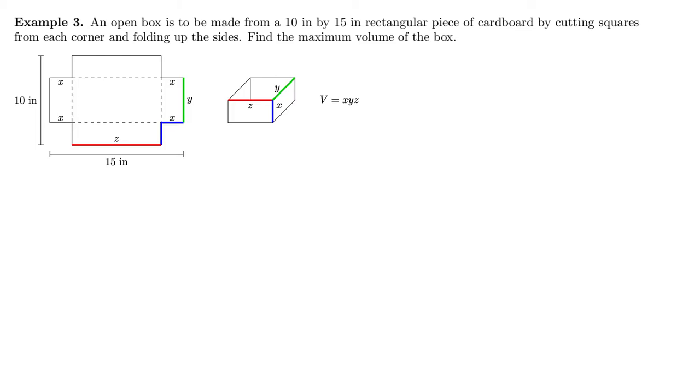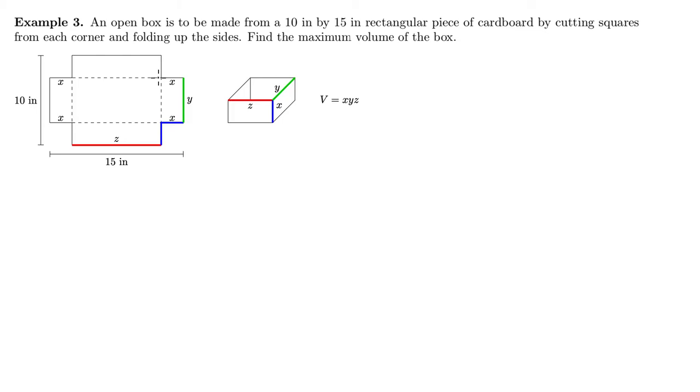And when I teach this to my students, I'll actually bring in a piece of cardboard into class and have them make the cuts. So cut these squares out of the corner. So this was the original piece of cardboard out here. Cut these squares and then fold up, and you see, okay, yeah, it is a box without a lid. It's like a shoe box that you take the top off of.